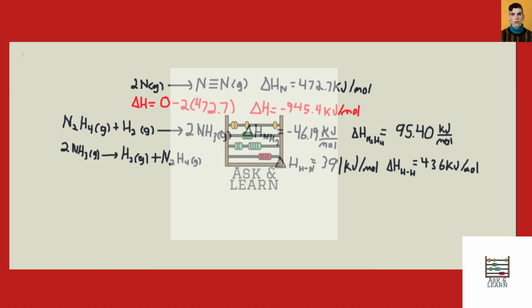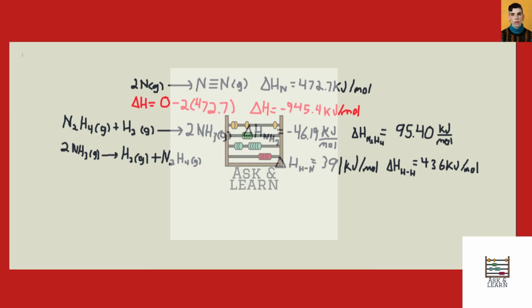Now, for part B, they said consider the reaction between hydrazine and hydrogen to produce ammonia: N2H4 plus H2 yields 2NH3. Use enthalpies of formation and bond enthalpies to estimate the enthalpy of the nitrogen-nitrogen bond in N2H4. For consistency's sake, we're going to flip this equation so that we can show the formation of hydrazine with an NN bond.